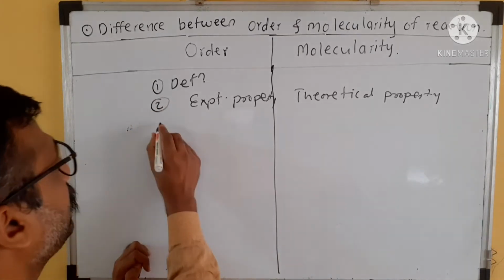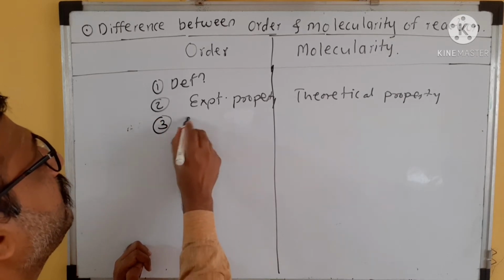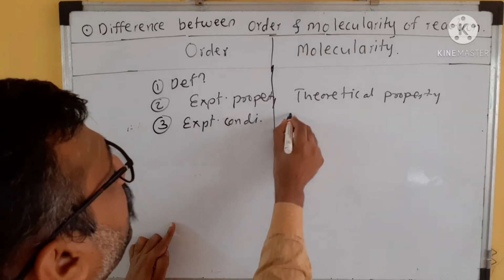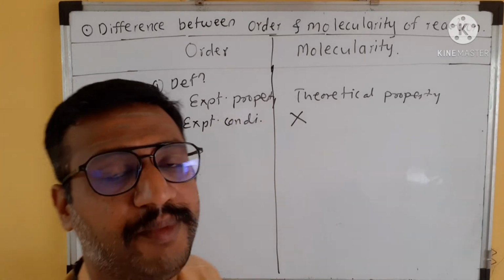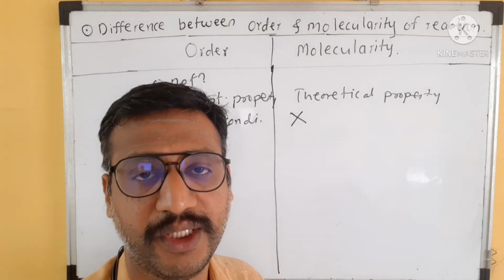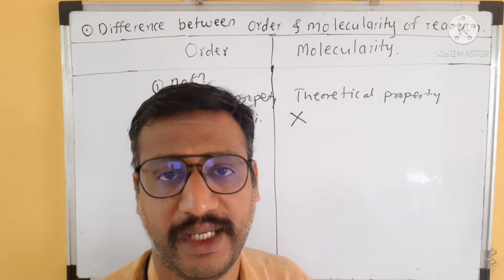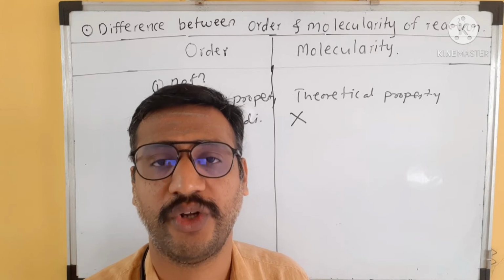The third point: order of reaction depends upon experimental conditions, and molecularity of the reaction does not. Temperature, pressure, concentration and catalyst are factors which affect the order of reaction.